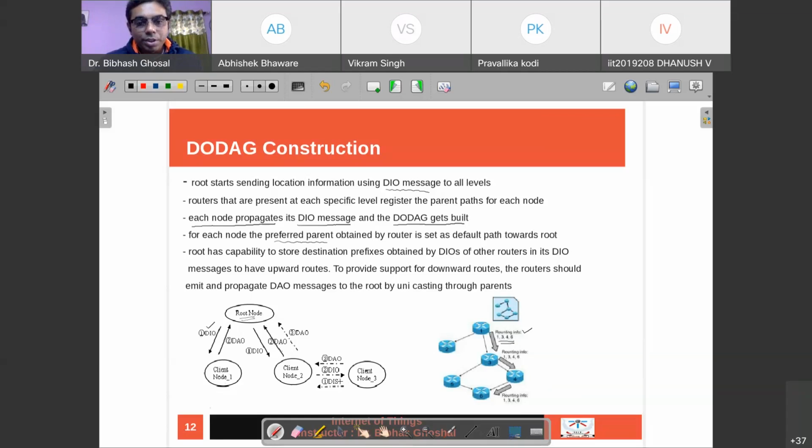So what it does is it uses this DIS and it asks client node 2. So it requests the DIS, gets the DIO from client node 2, and accordingly starts sending the data. So its parent becomes client node 2. So here is the link that gets established. So this is how you build a topology, which is called DODAG.